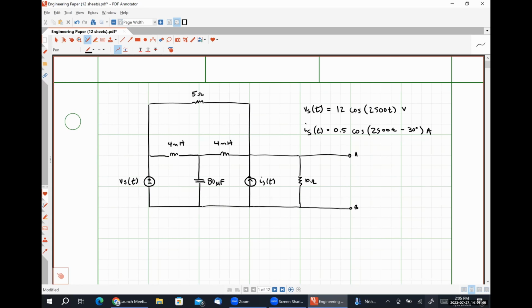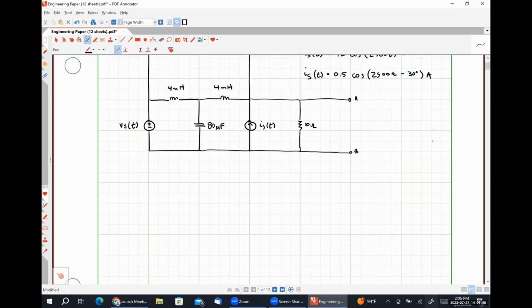Okay. So I'm going to redraw my circuit, and we are going to replace all of our resistances, capacitances, and inductances with their impedance. And we're going to replace all of our voltages and currents with their phasor equivalents.